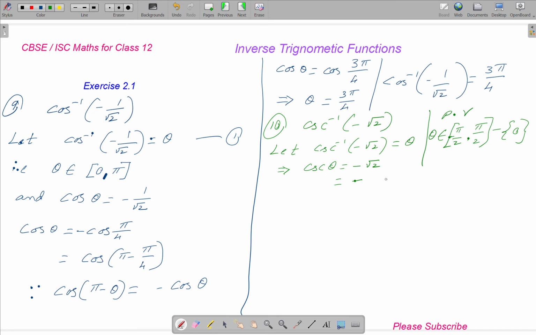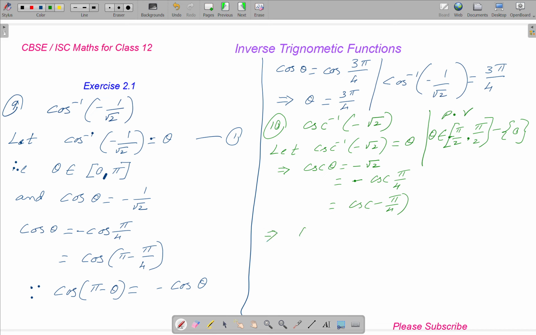So this is minus cosec pi by 4, since root 2 is cosec pi by 4, 45 degrees. So that is equal to cosec minus pi by 4.